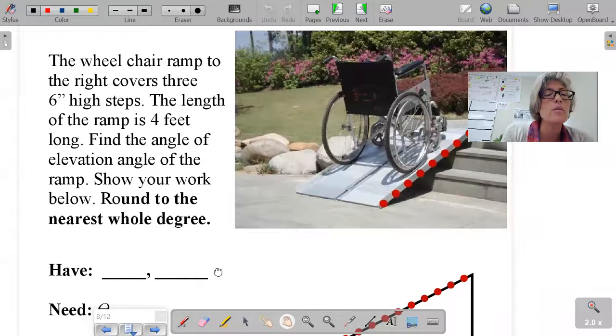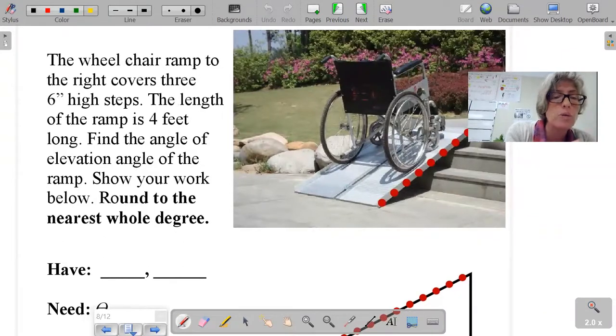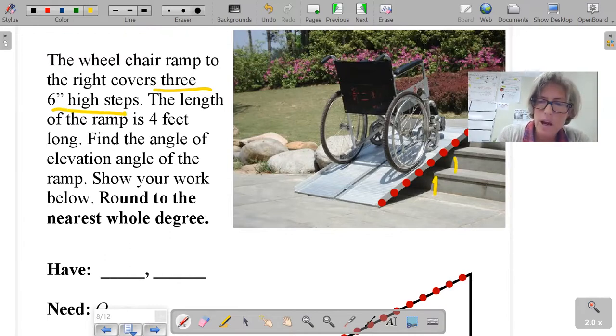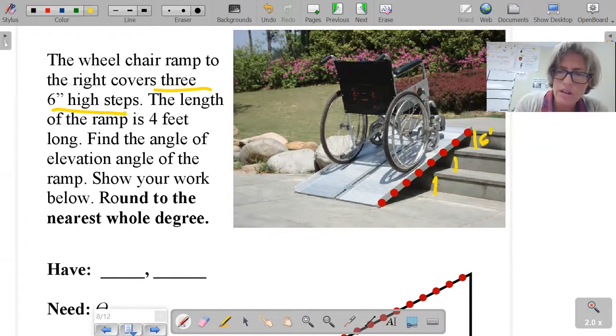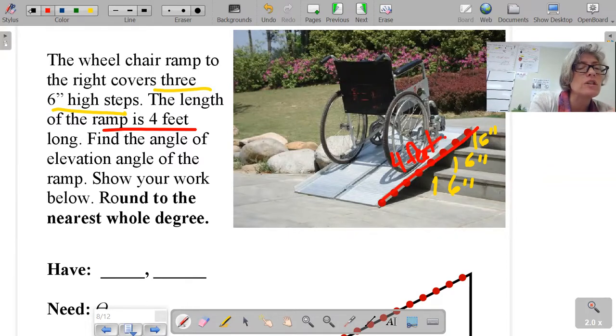It says we have a wheelchair ramp that covers 3 6-inch high steps. So each of these steps right here are 6 inches. And it says the length of the ramp is 4 feet. We want to find the angle of elevation of the ramp.